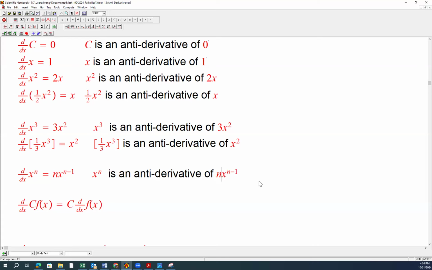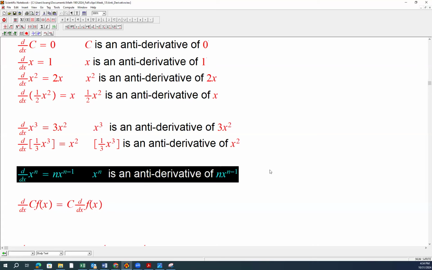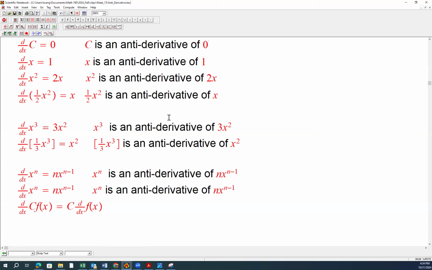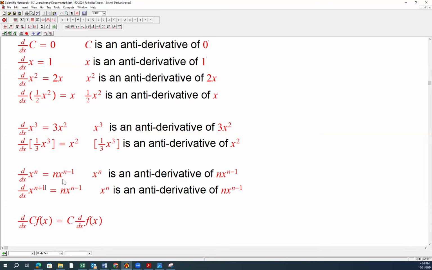That's pretty straightforward. But if I modify this and change n to n plus 1, then this will be n plus 1 multiplied by x raised to the power n plus 1 minus 1, which is just x raised to the power n.